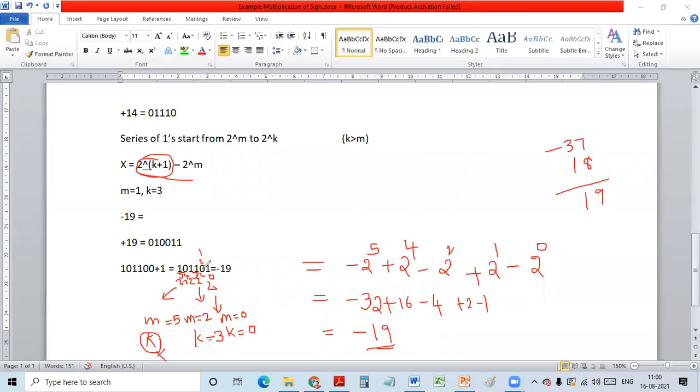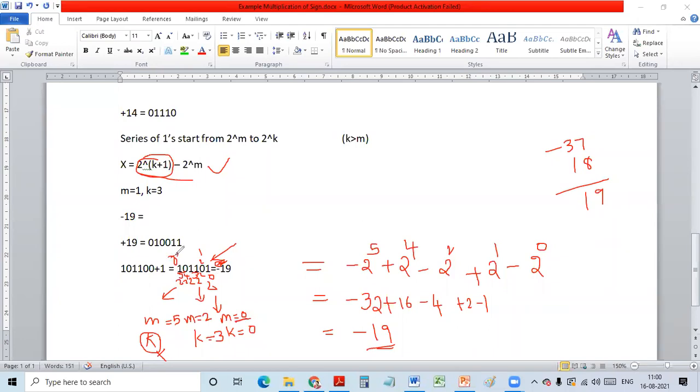This is how you have to represent any number which was represented in 2's complement with the series of 2 power k plus 1 minus 2 power m. The only consideration is that you can have a least significant bit as 1 without preceding it by zeros. No need of 0 at the least significant bit side. That can be treated as 1, but k should be considered only when the series ends with 0.